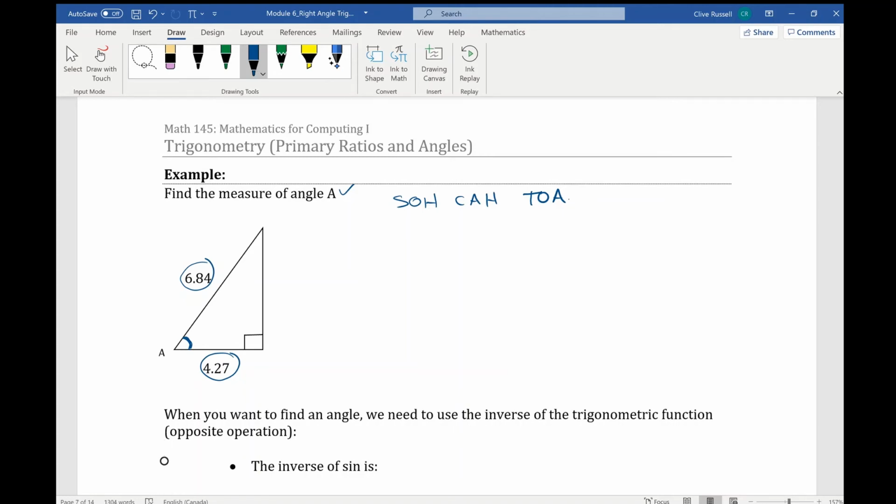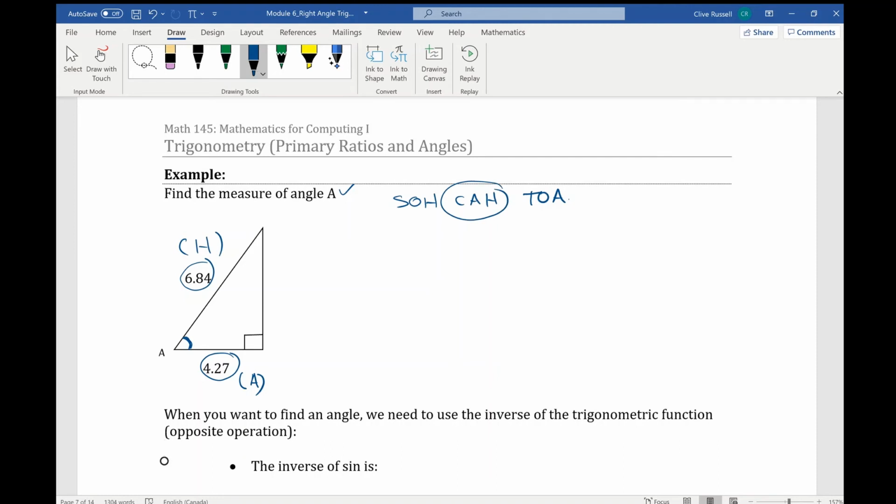Relative to this angle, the 6.84 is our hypotenuse, and the 4.27 is our adjacent, right? This side over here would be our opposite, but we don't care at this point in time. We're given two sides, which are the hypotenuse and the adjacent. So what involves adjacent and hypotenuse is a cosine, so that we want to find angle A.